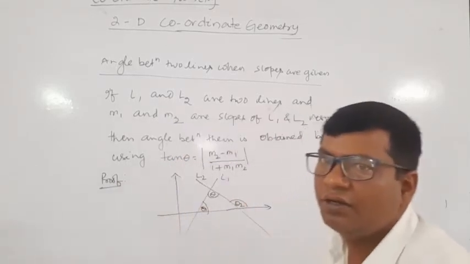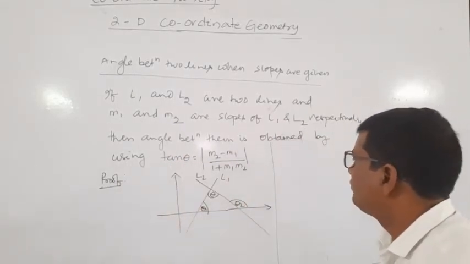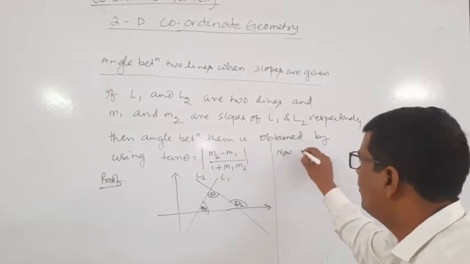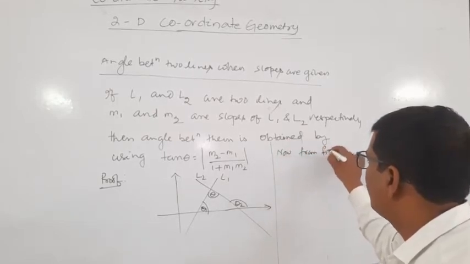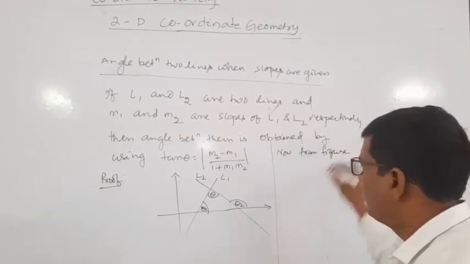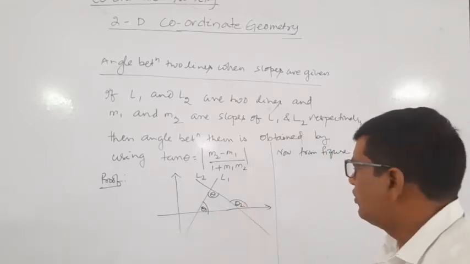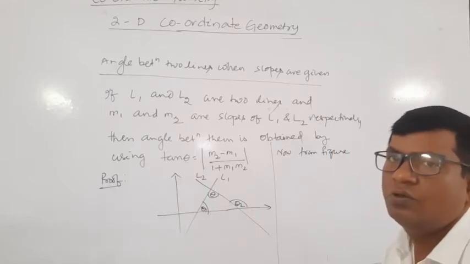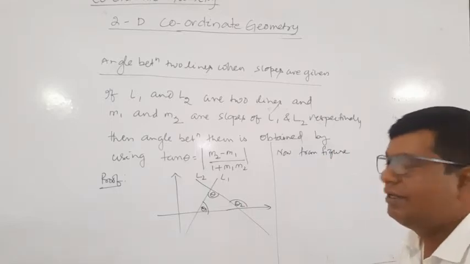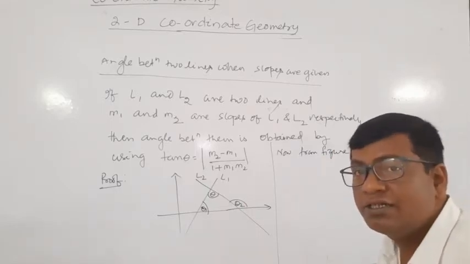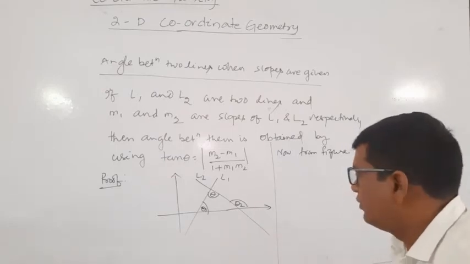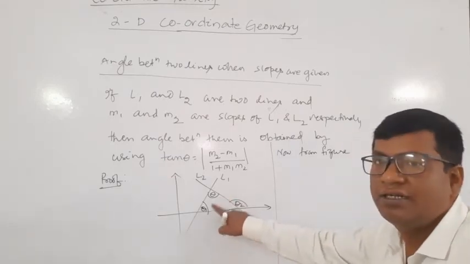Now from the figure, this is an external angle. The external angle of the triangle is equal to the sum of the two internal angles.